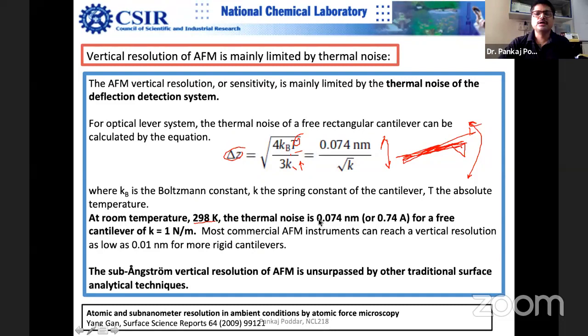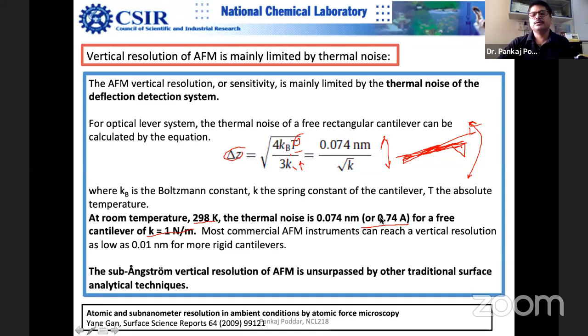Thermal noise, if you calculate, if you put this number here, T here, and take K as 1 Newton per meter, which is a typical amount for the spring constant, then you come to your vertical resolution, which is very much achievable.